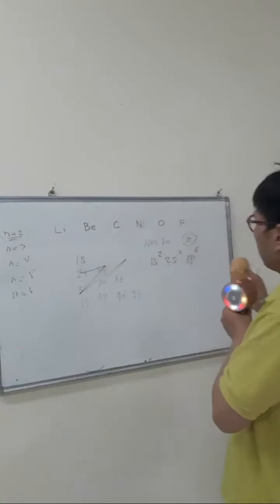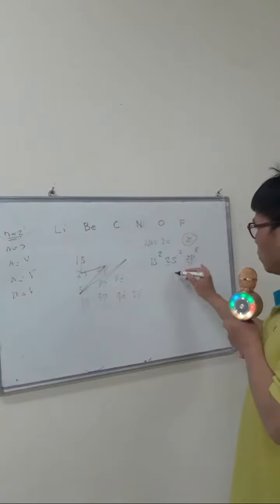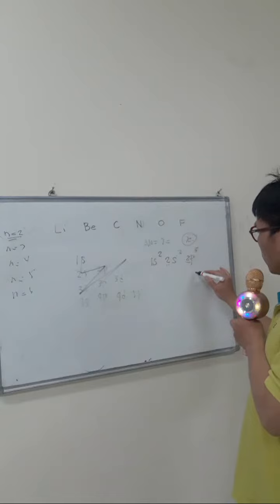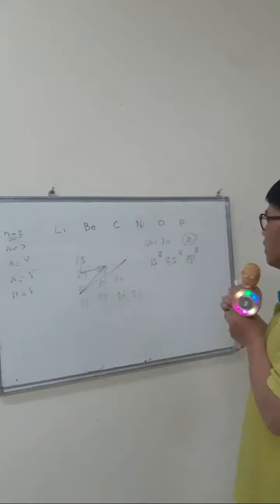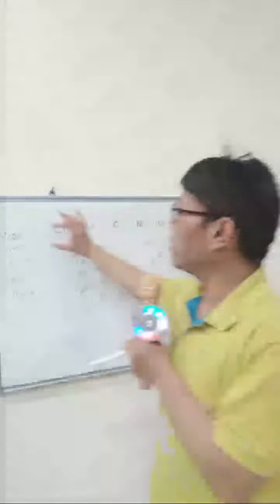The p sublevel can hold a maximum of 6 electrons, and s can hold 2 electrons. So it still fits. I can still put 5. 5 plus 2, 7, plus 2 is 9. So atomic number 9, 9 electrons, still fit in the second energy level.